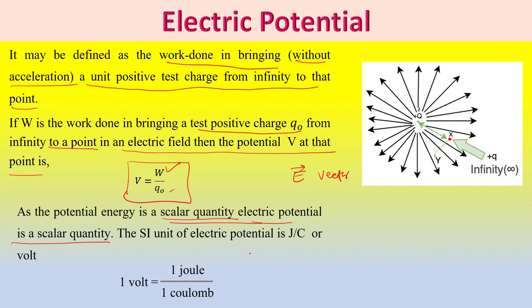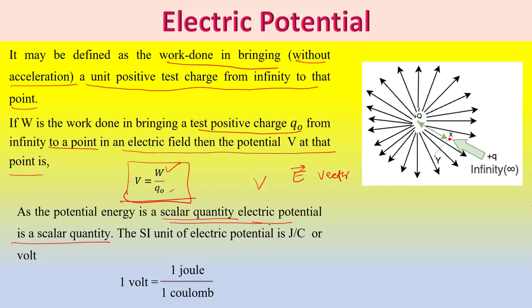So it is easy to deal with the potential case, and that's why this is one more quantity how you can quantify the nature of that field. So fields can be discussed in terms of the scalar quantity potential, or they can also be discussed in terms of the electric field.